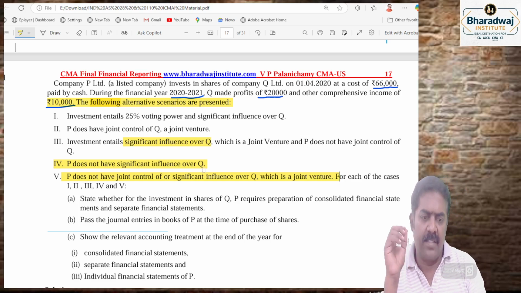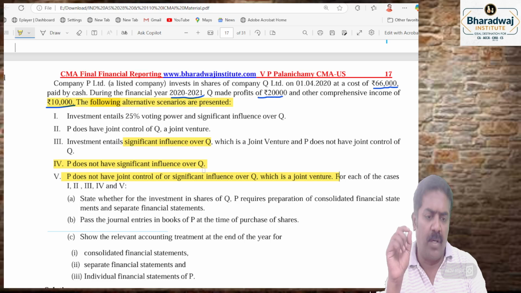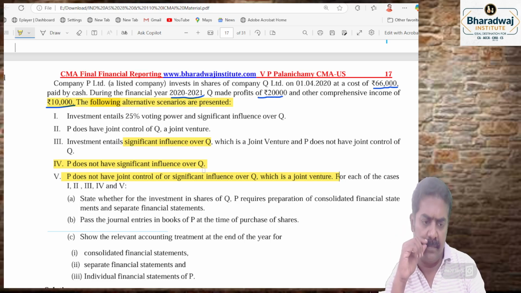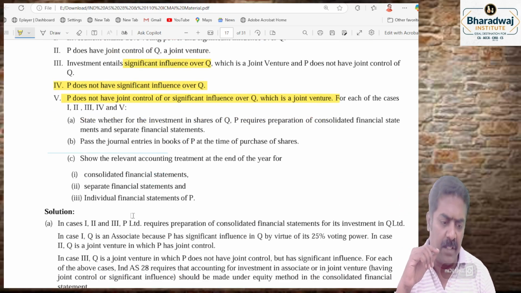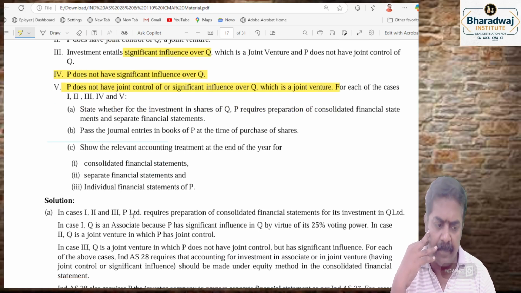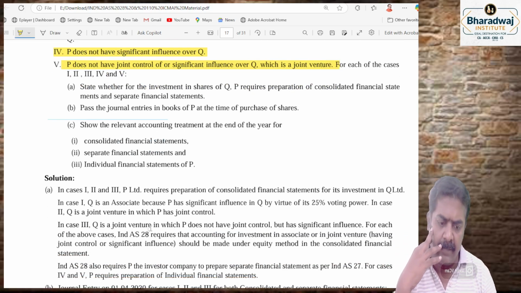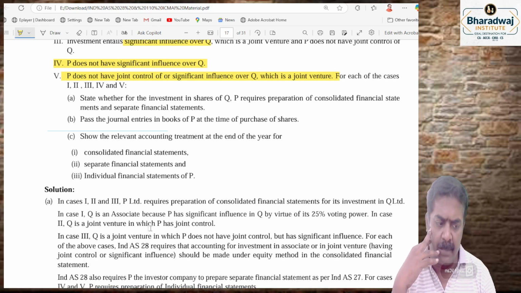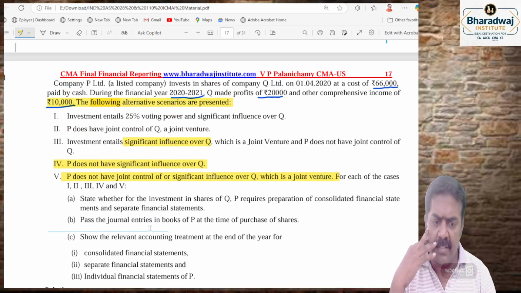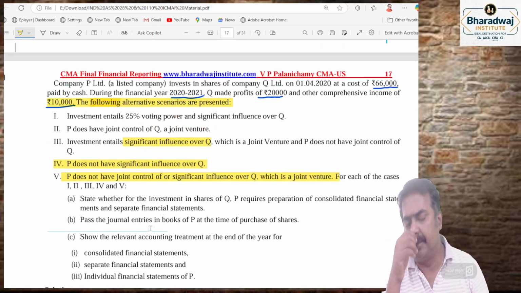Full stop. Separate line. Cases 1, 2, 3 require application of Ind AS 28.